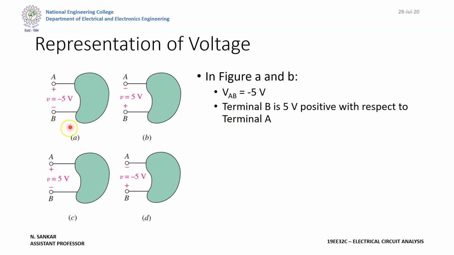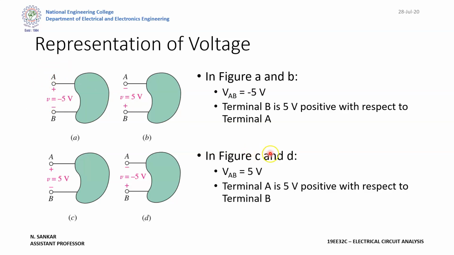So for figures A and B, we have VAB as -5 volt. You can take any terminal as the reference point. Here I have given terminal B as a reference point, but you can take A as a reference point, that's your choice. Similarly for figures C and D, the voltage VAB is equal to 5 volt.